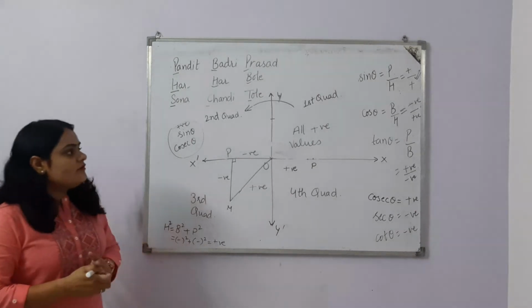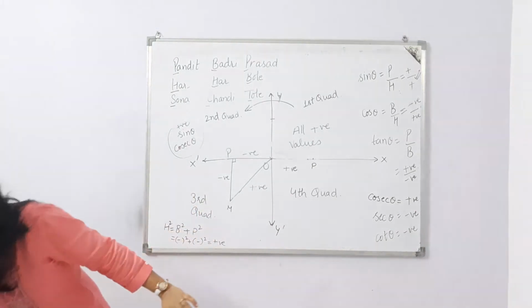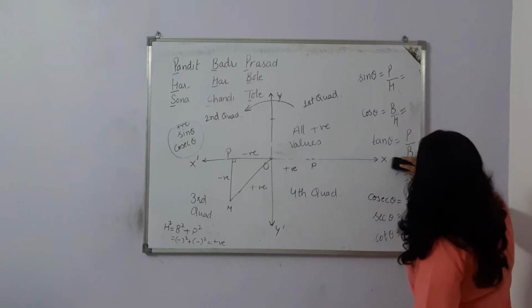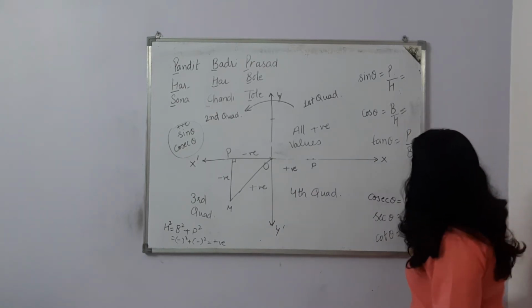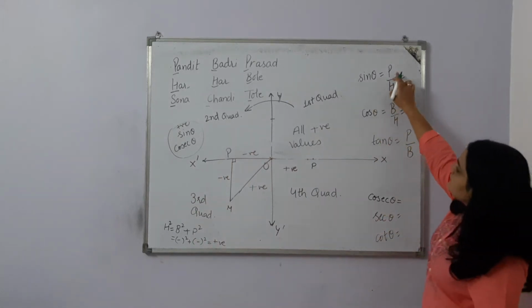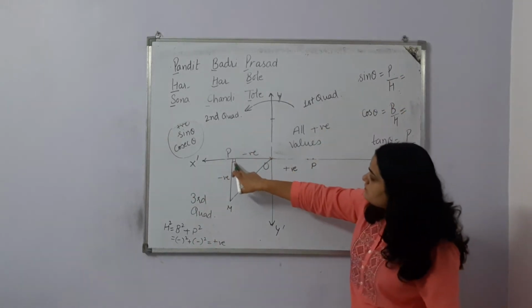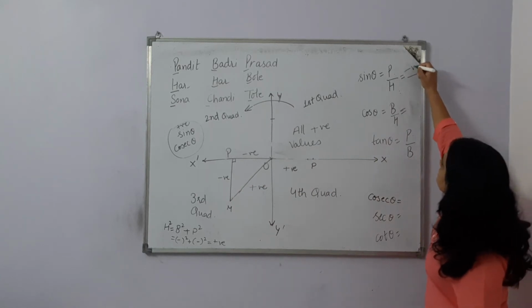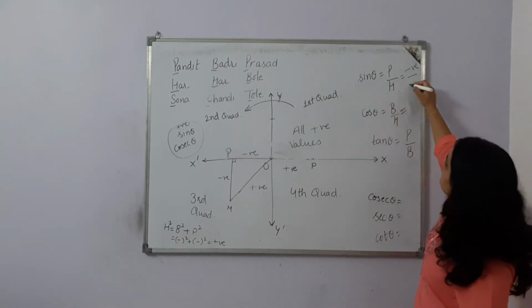So what will be its impact on the trigonometric ratios? Now, what is perpendicular? This is perpendicular. Perpendicular is negative and hypotenuse is positive.